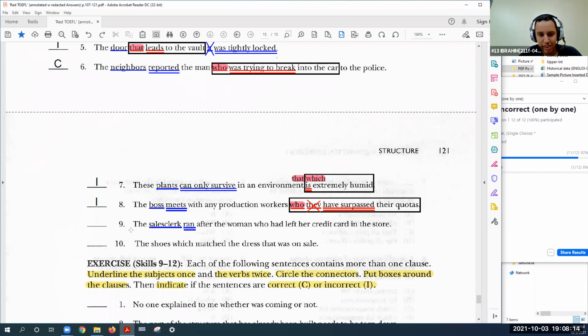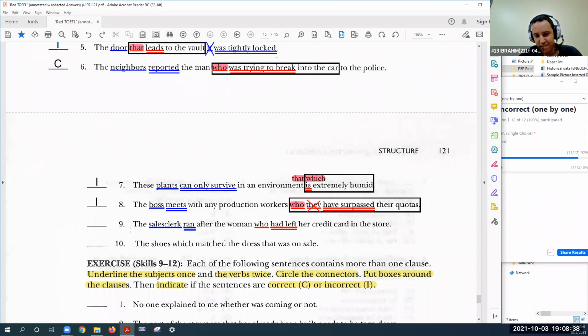Okay, the woman, second subject. Really? So after the preposition? No, object. Okay. And then? Then who is the second subject? All right. Then had left is the second verb. Had left. There you go.